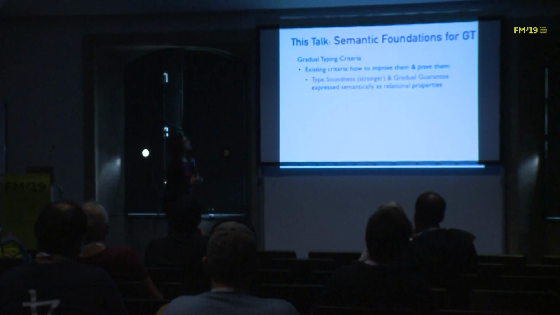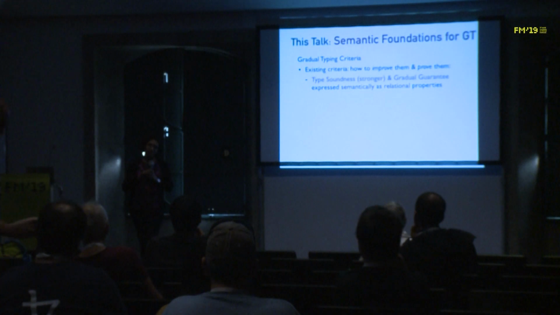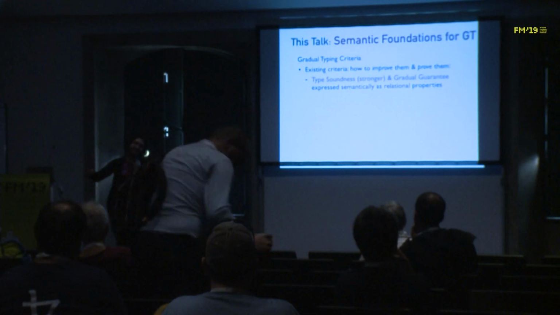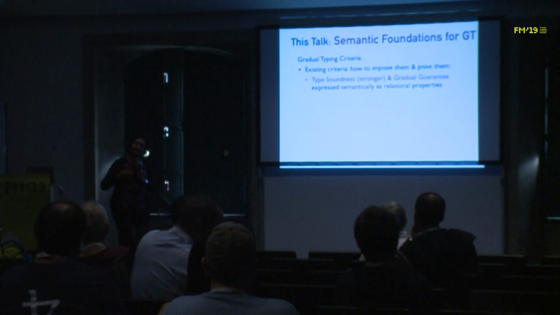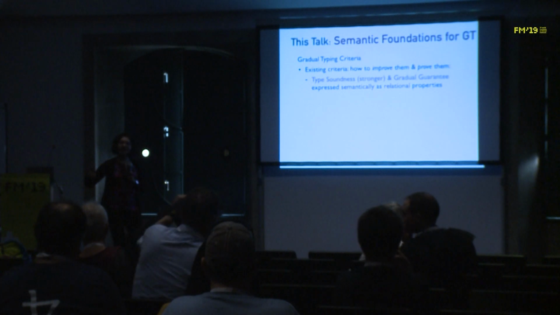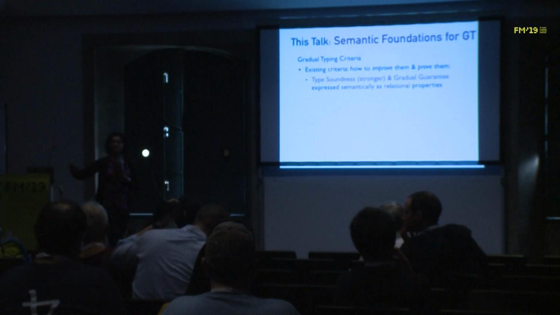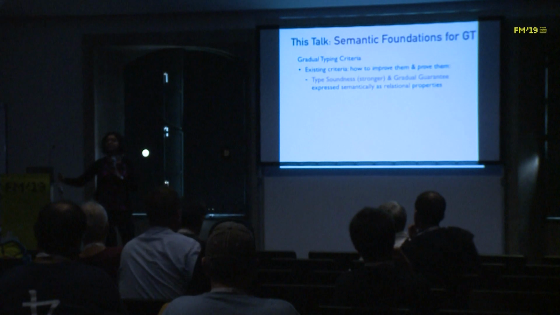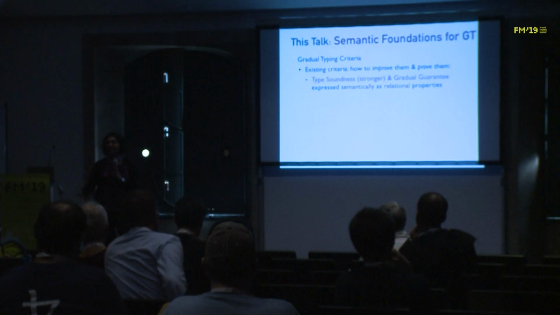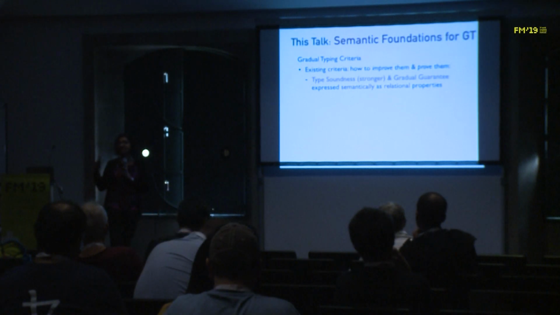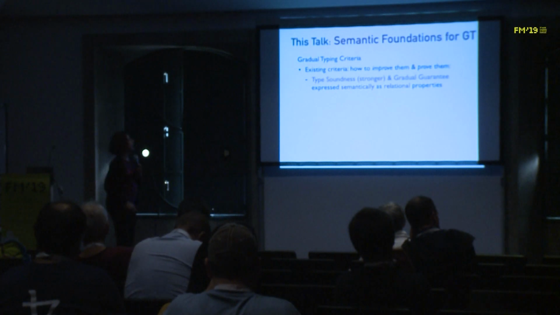And then there's this property called the gradual guarantee, which allows you to slowly add types to your code base and essentially have this guarantee that as you add more types, either the behavior of your program is going to remain exactly as it was before, or you might get some type errors. Those casts that you're inserting might check certain things and cause your program to stop.